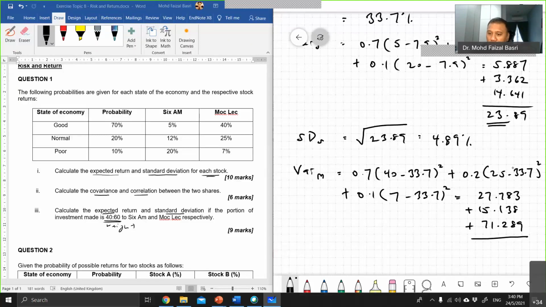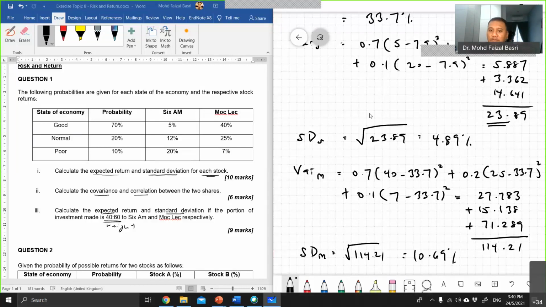So I have 114.21. Again, to find the standard deviation for M, square root of 114.21, which is 10.69%.